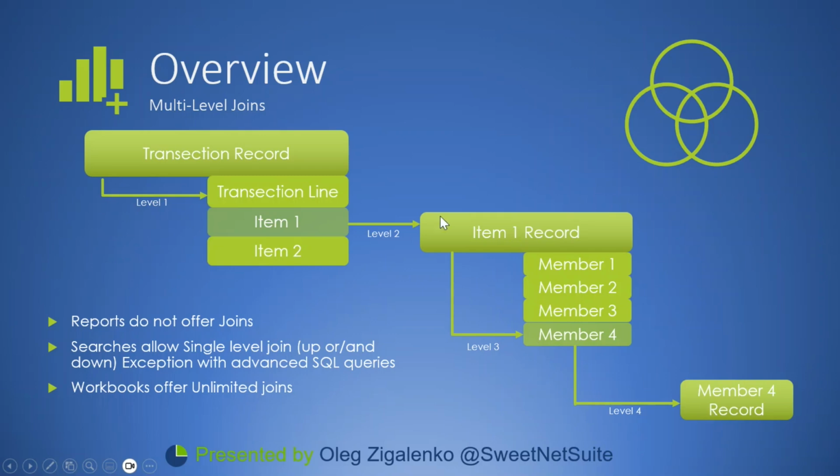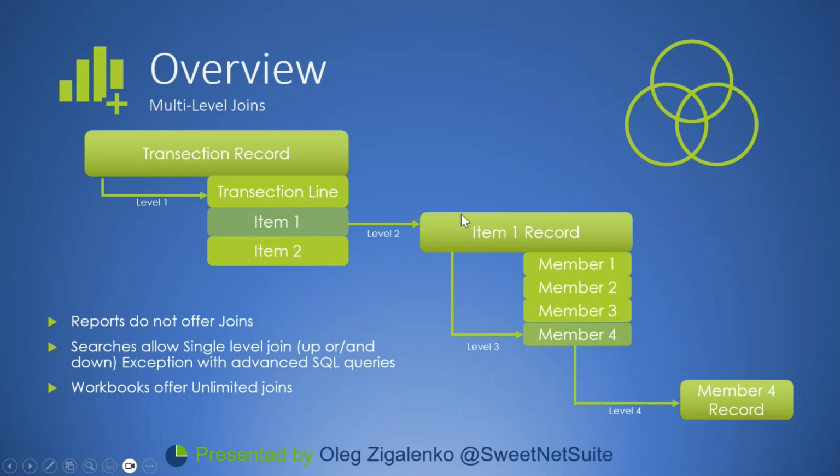Now, you will never be able to accomplish this in searches. I mean, there is a way to do that with really deep SQL queries, but it's super difficult and definitely super time consuming to build those queries. Here, it's super easy. You will see when we go to the example.